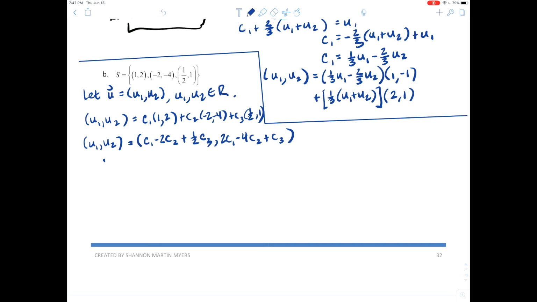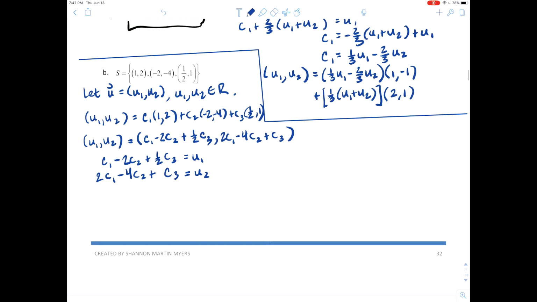Equating our components, we come up with the system C1 minus 2C2 plus 1/2 C3 is equal to U1. And then, beautiful, 2C1 minus 4C2 plus C3 is equal to U2. Cool, cool? All right, so now let's see what happens. We're going to end up with what?